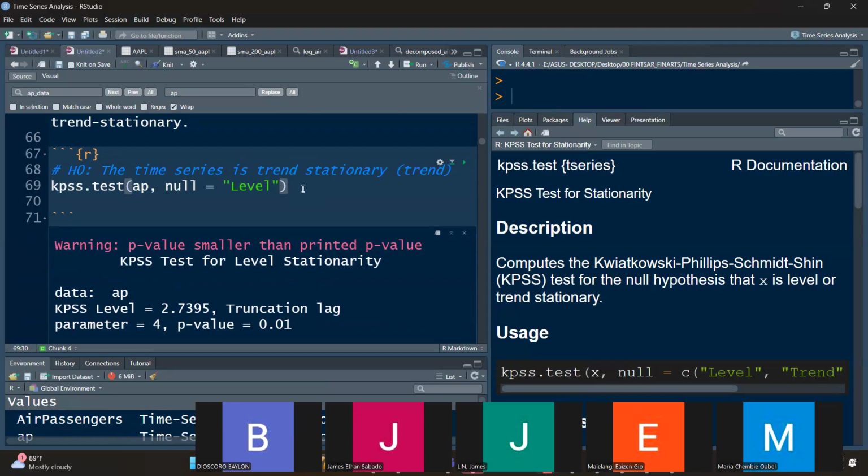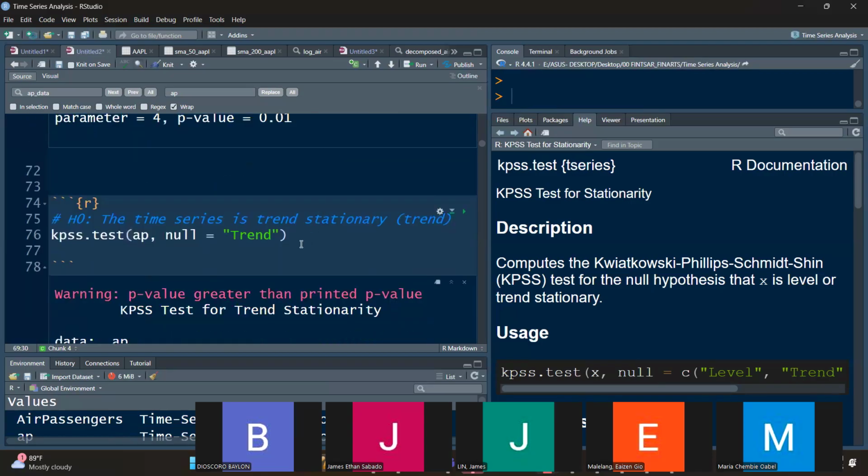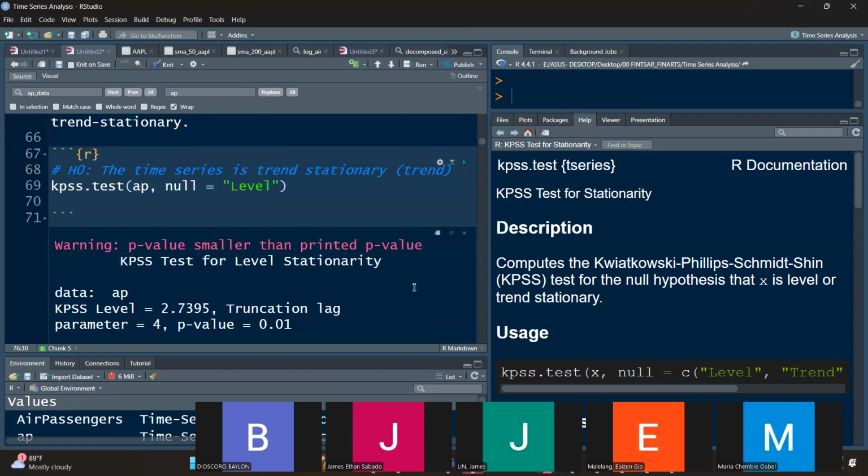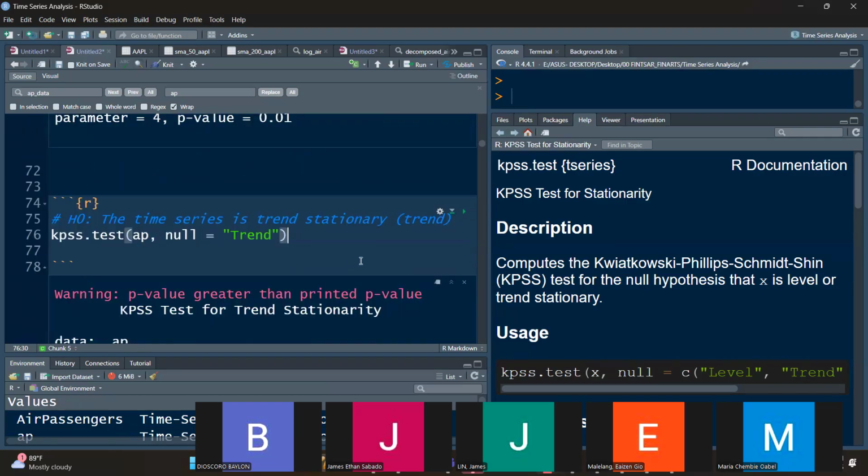So that one we reject. But this one, there's a trend, but it is stationary in that trend. We fail to reject. Right? In either case, we were able to show that technically it's not stationary because there's a trend here, although it's constant in that trend, which means that the variance is constant.